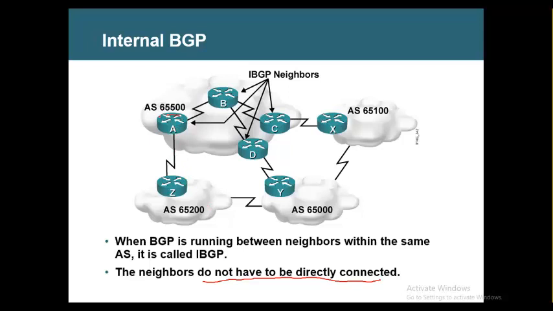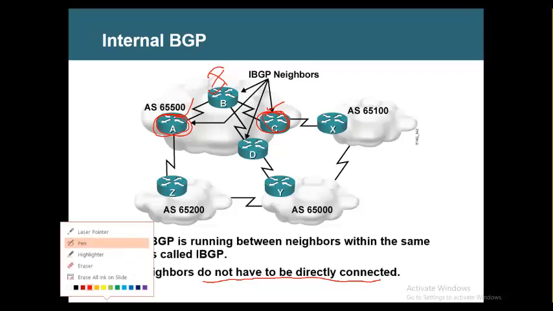It means that A and C can form a neighbor without having BGP on B. If it is OSPF, you have to enable OSPF on A, B, and C. You cannot form a neighbor between A and C without B in IGP protocols. In BGP, it is possible.